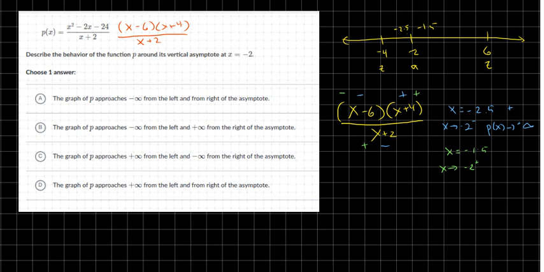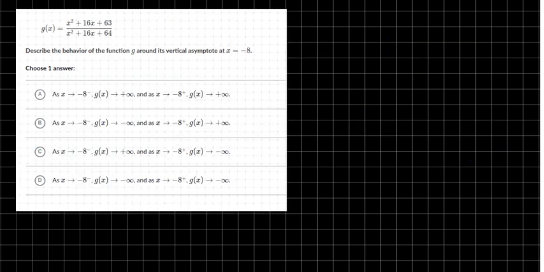So I'm going to get a negative value here. So that means p of x is approaching negative infinity. So first of all, p of x approaches positive infinity, and then p of x approaches negative infinity. All right, let's take a look at the next one.